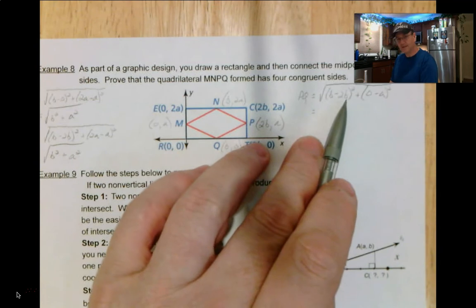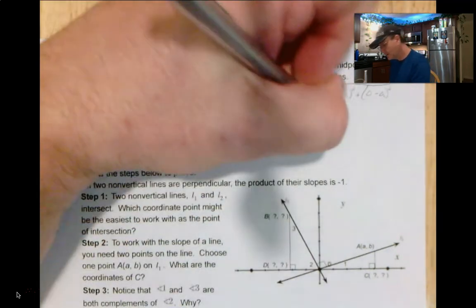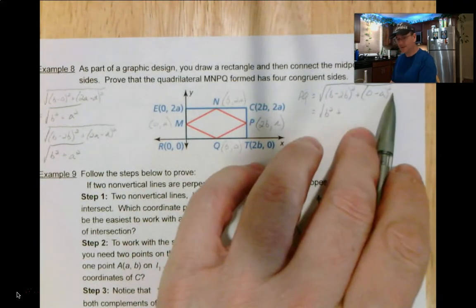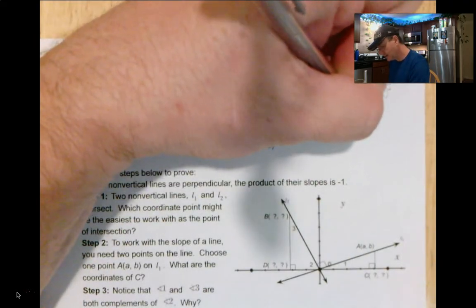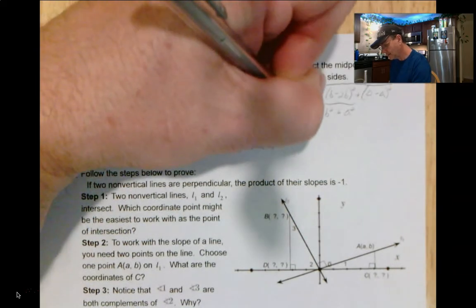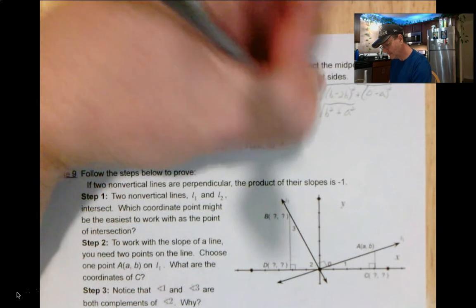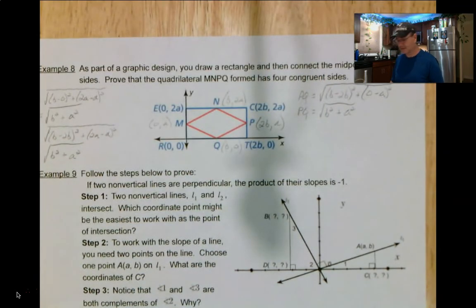B minus 2b is negative b squared, which is b squared, plus negative a squared, which is a squared. And again, we have b squared plus a squared, square rooted. PQ is the same length.